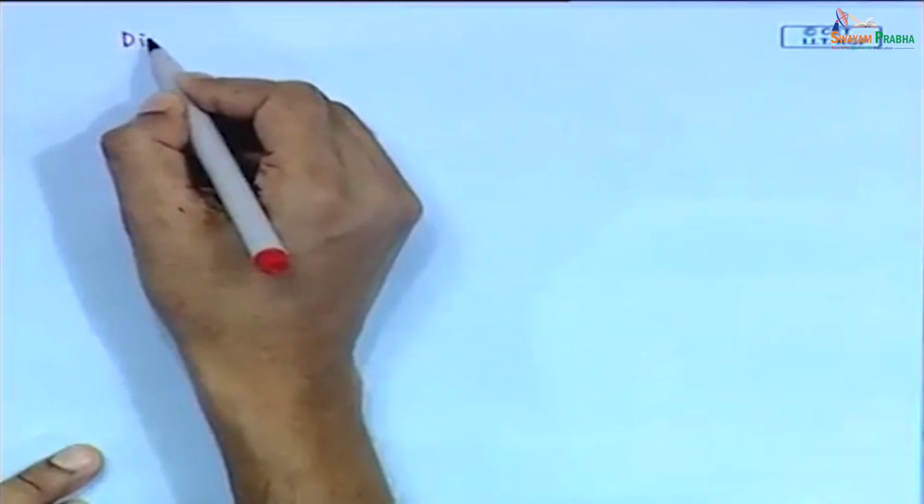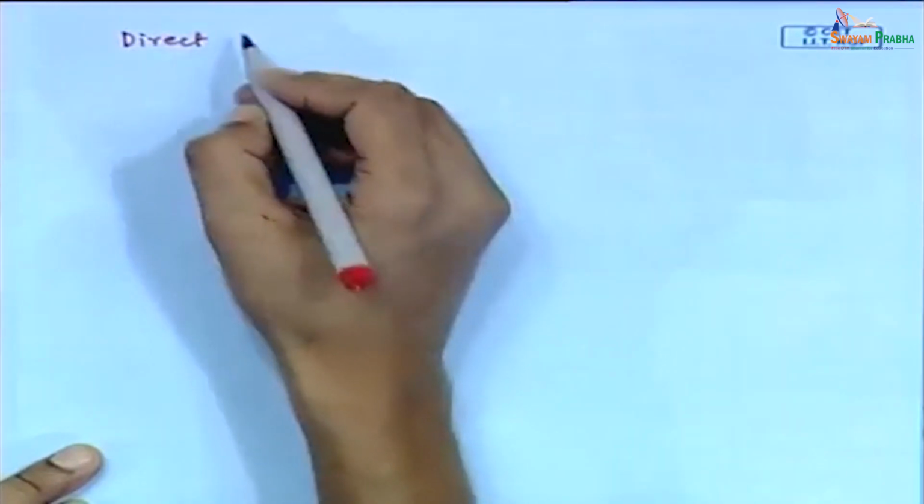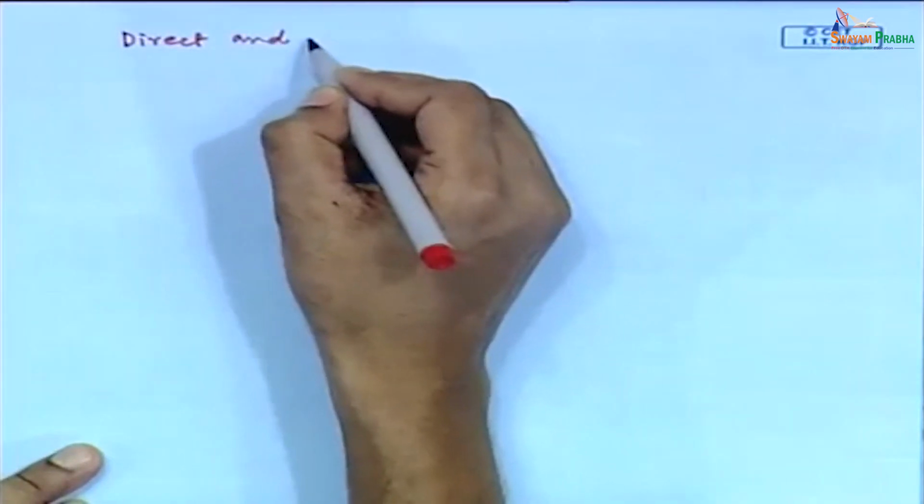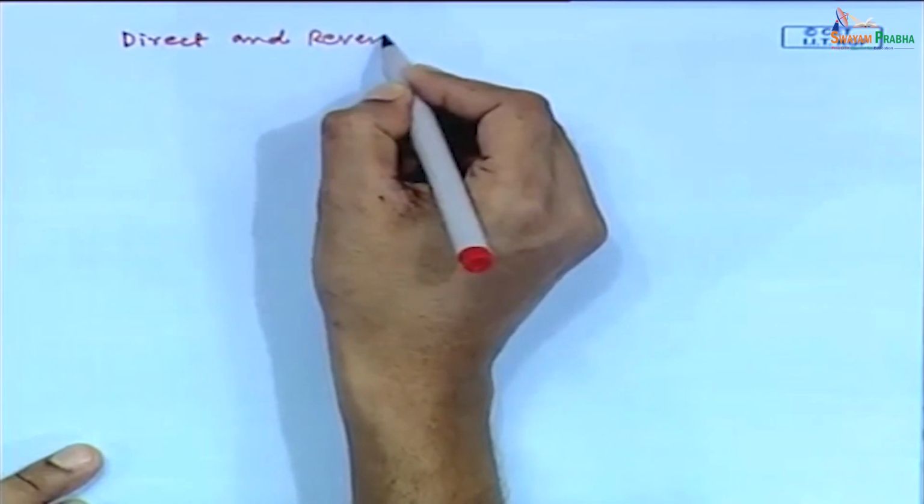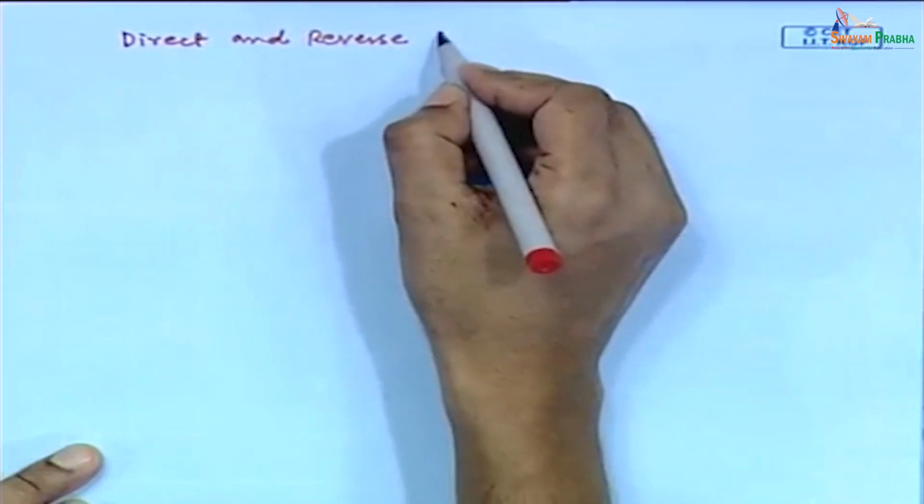So, these two are the drawbacks of PID controller. Next, we will discuss the control actions. One is direct action, another one is reverse action. We will discuss direct and reverse actions next.